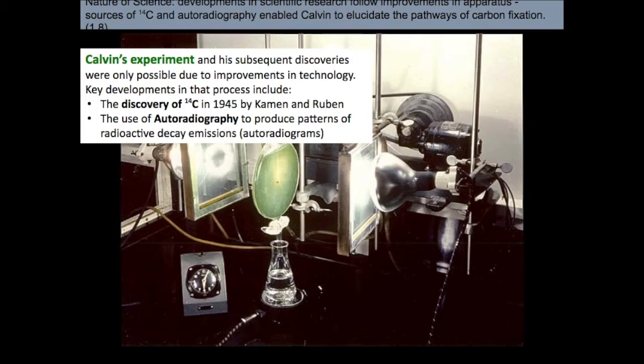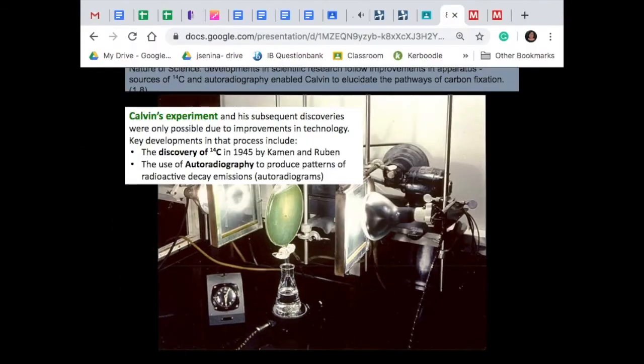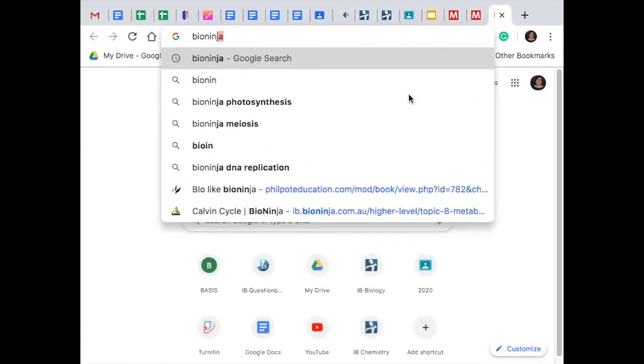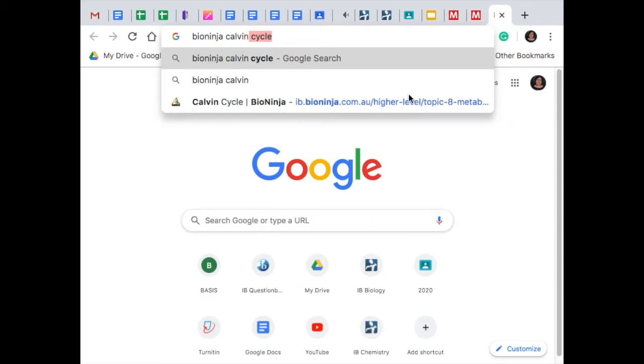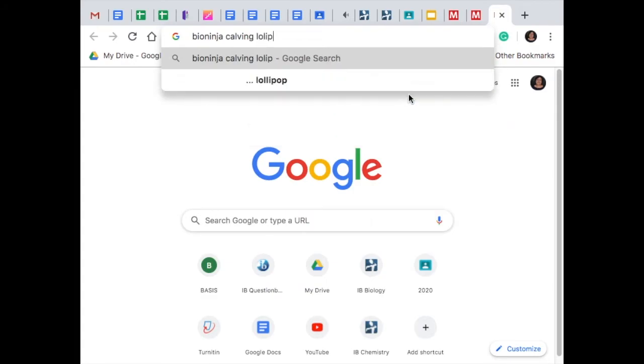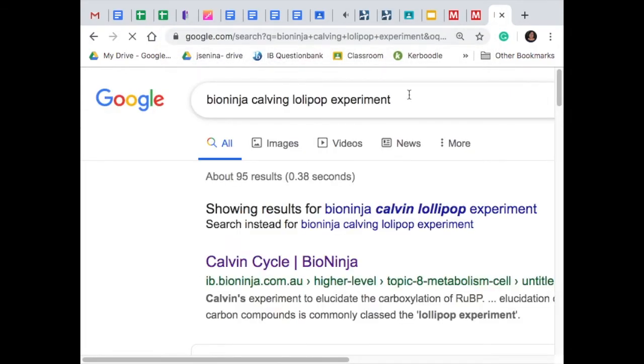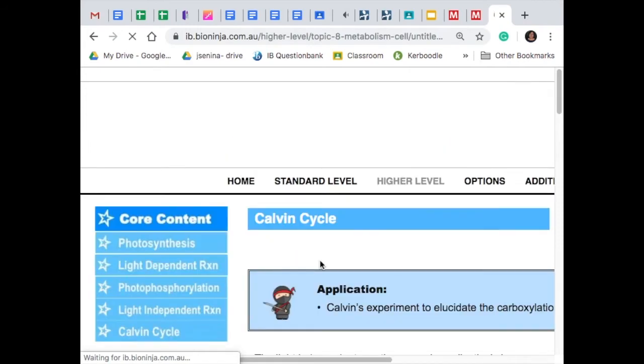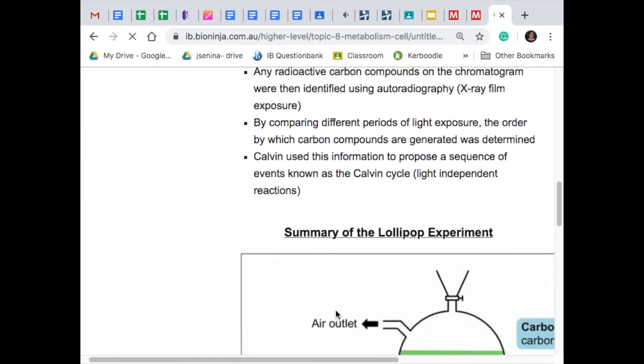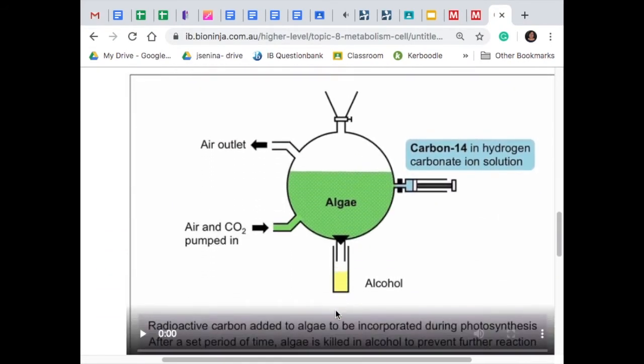an experiment on the light-independent stage. Allow me to use BioNinja, because they have a very easy to follow diagram of the lollipop experiment. It's called the lollipop experiment because the glass looks like a lollipop.